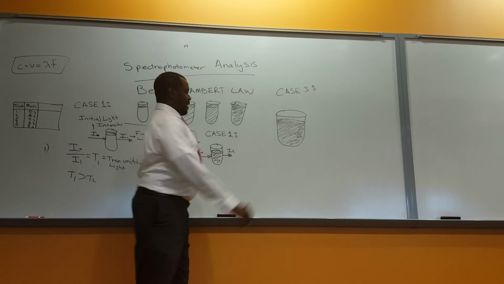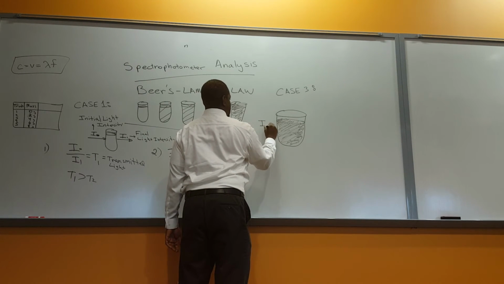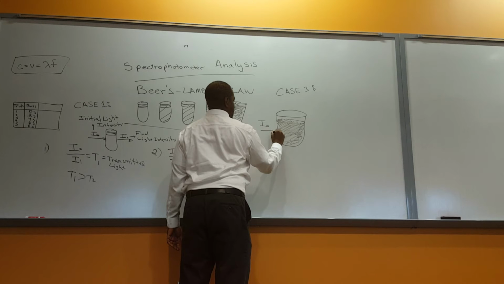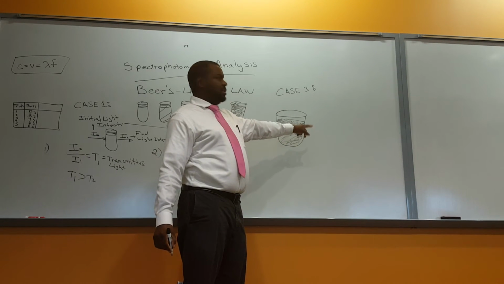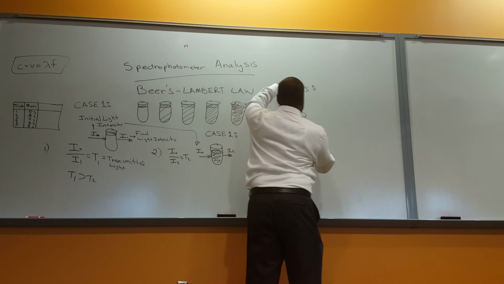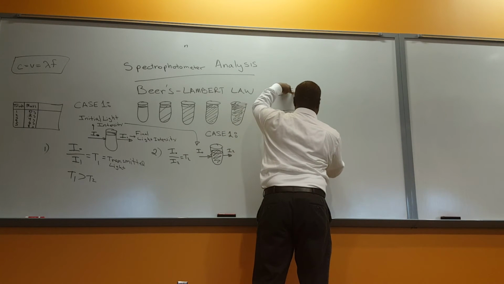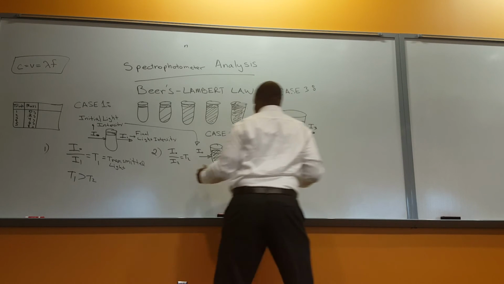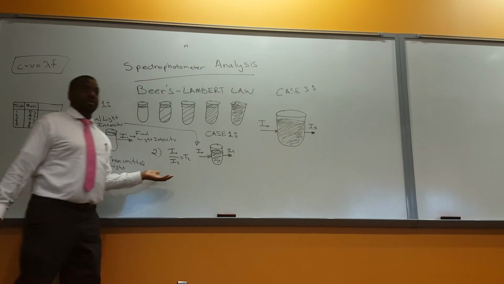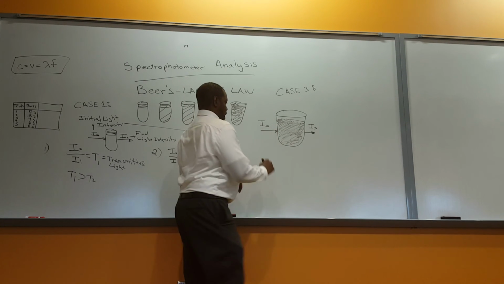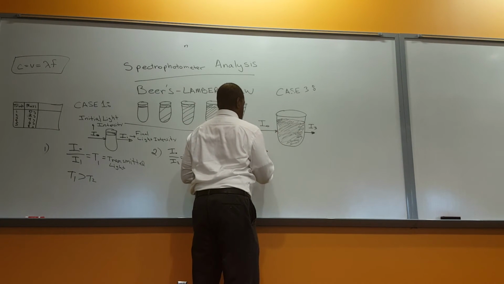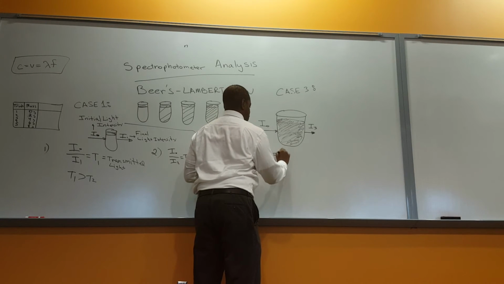All right? And again, we're going to have I sub 1 of I sub 0 incident here, okay? And it's going to be I sub what? 3, right? I sub 3. And again, you can get the transmission value by taking the ratio I sub 0 over I sub 3, equal to T sub 3, right?